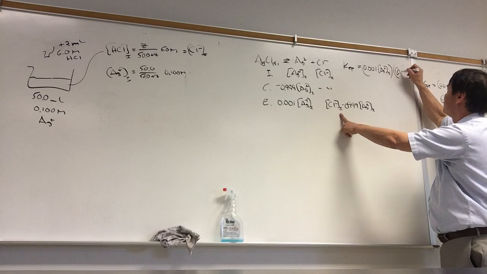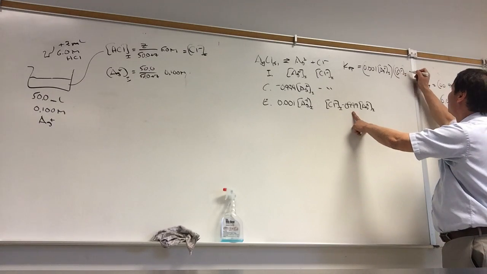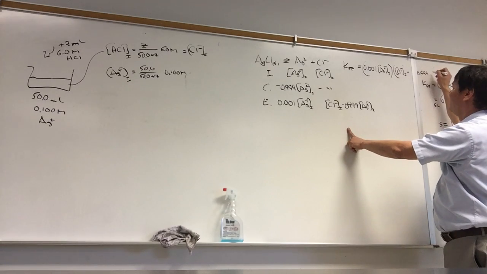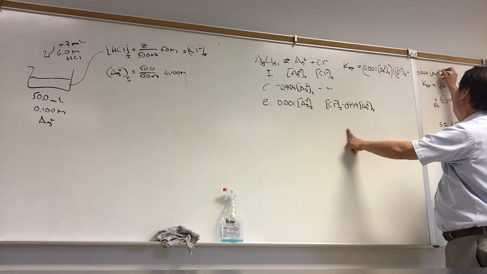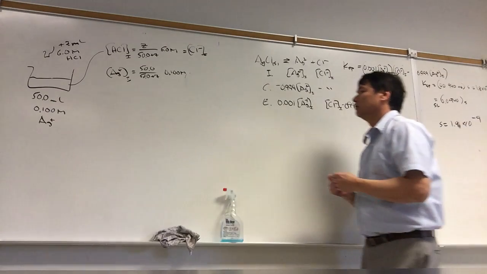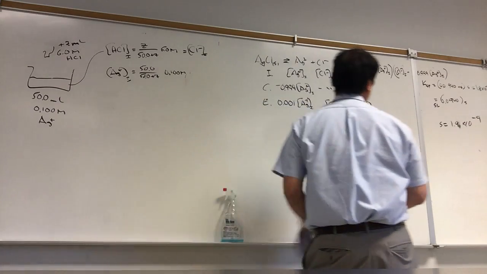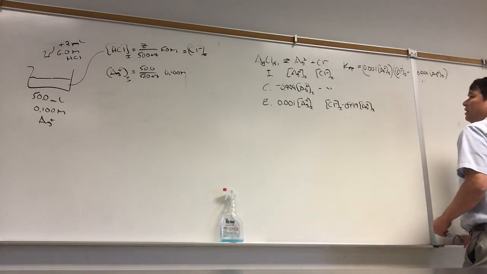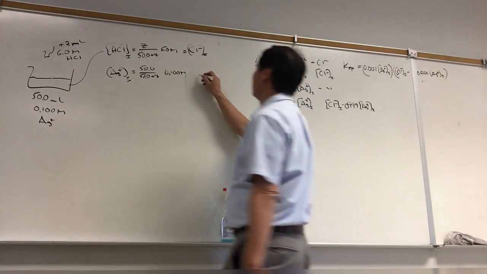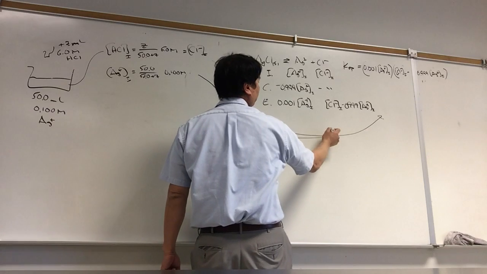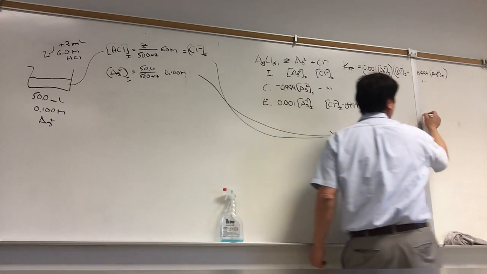The chloride ion concentration at equilibrium is going to equal the chloride initial minus 0.999 of the silver ion initial. Then what we'll do is we'll just substitute these in here, and then solve for Z.